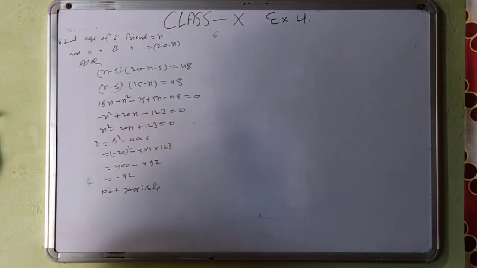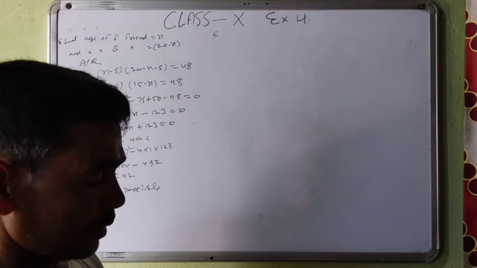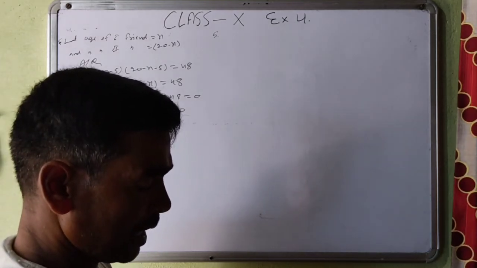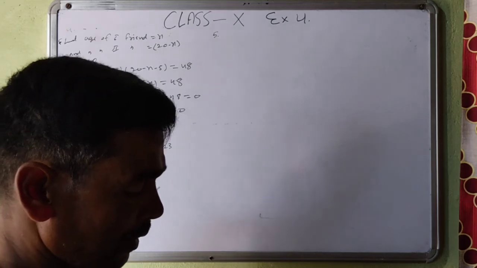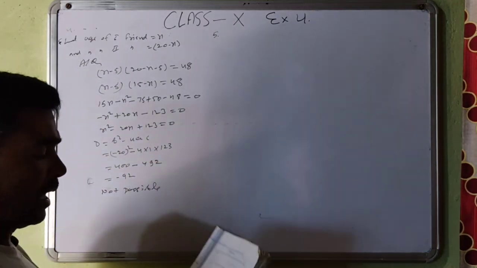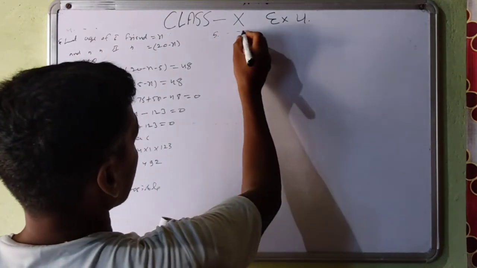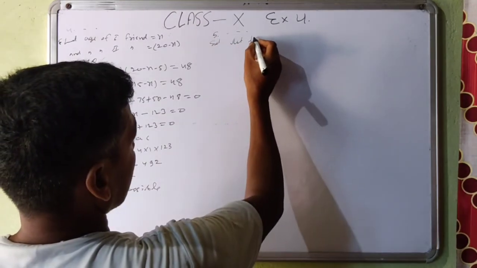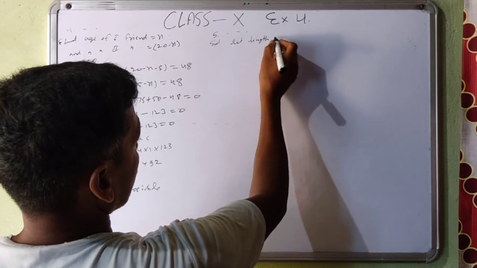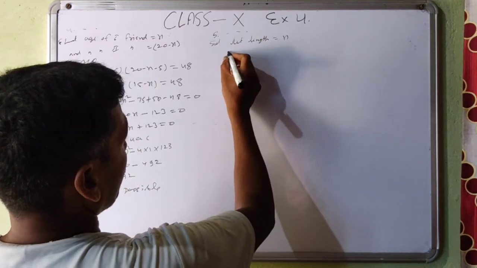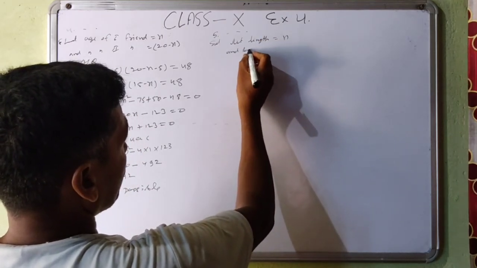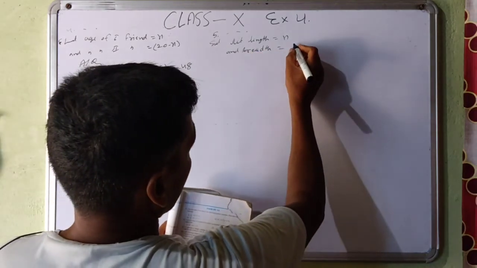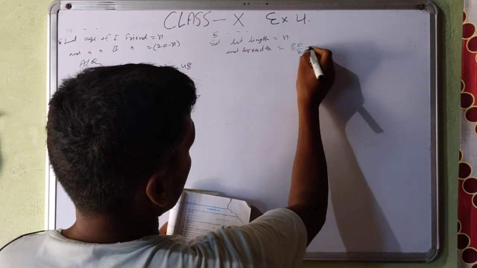Question number 5, the last question. Is it possible to design a rectangular park of perimeter 80 meters and area 400 square meters? If so, find the length and breadth. Let length be x, and breadth will be 80 upon 2 minus x.